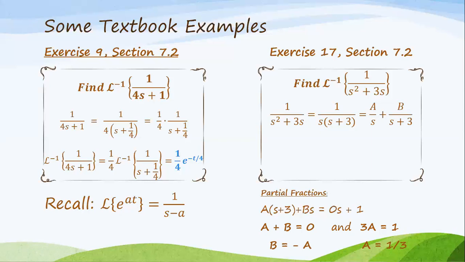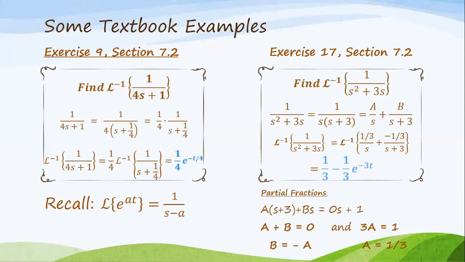And now we have our partial fractions decomposition. And we'll conclude that the inverse transform of our original expression is the inverse transform of 1/3 over s plus negative 1/3 over s plus 3. Now that first piece there, 1/3 over s, we know that the inverse transform of that is just the constant 1/3. The second piece we recognize as being a multiple, negative 1/3 over s plus 3.